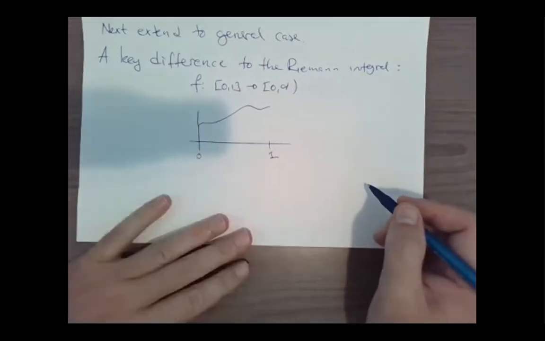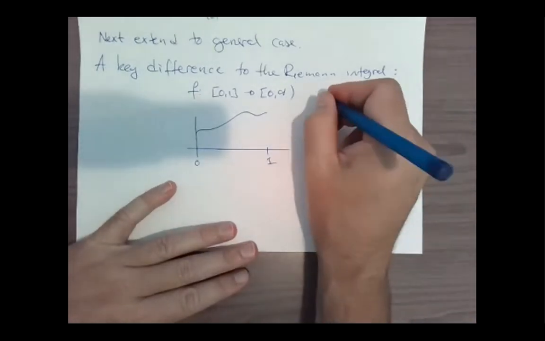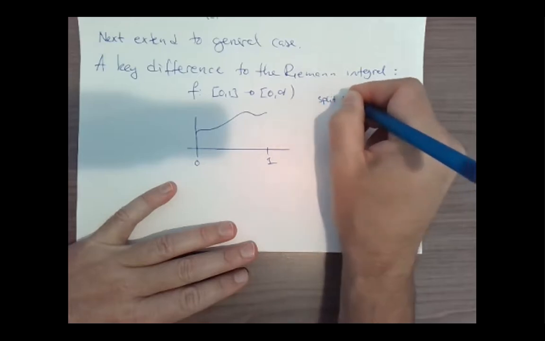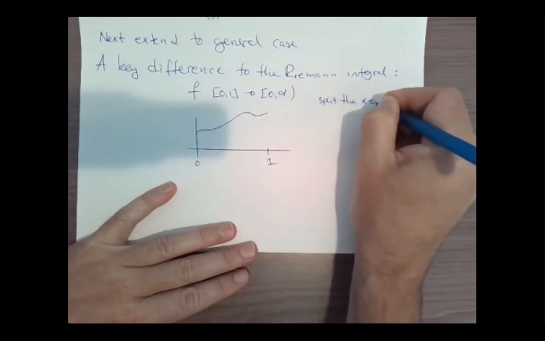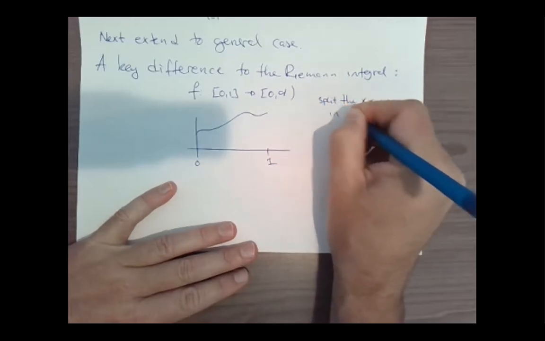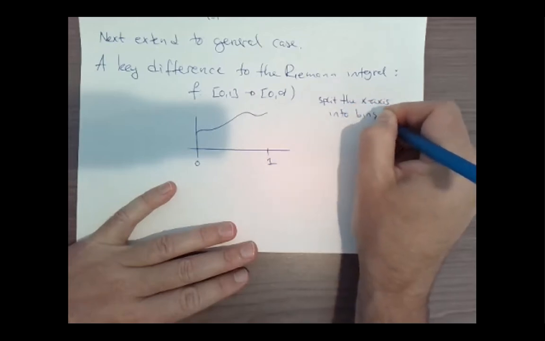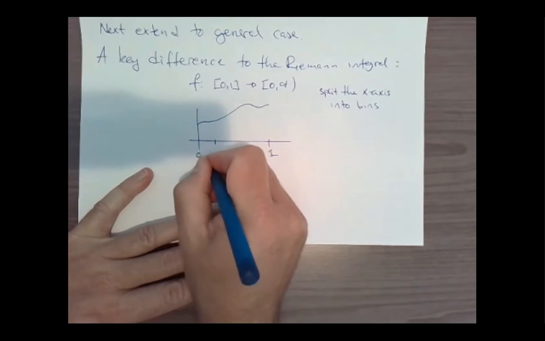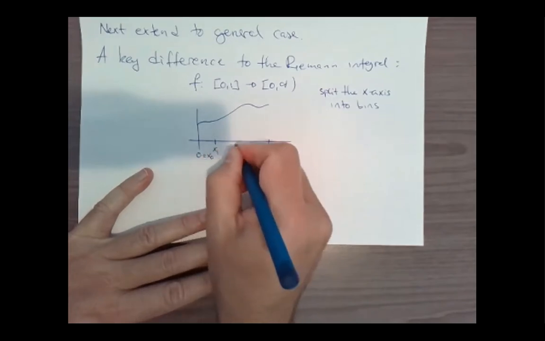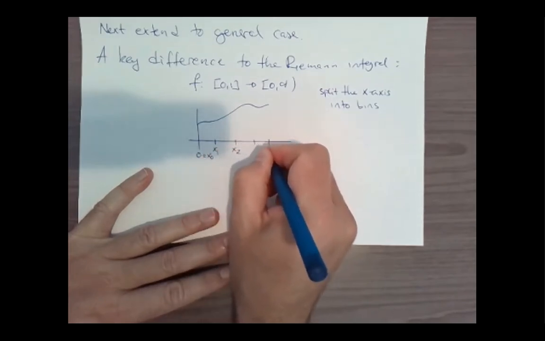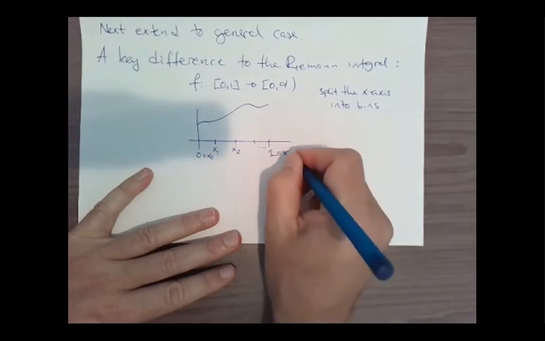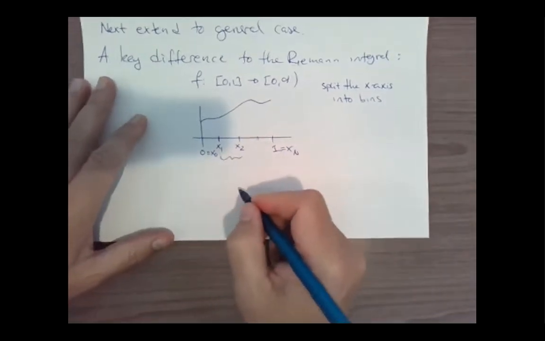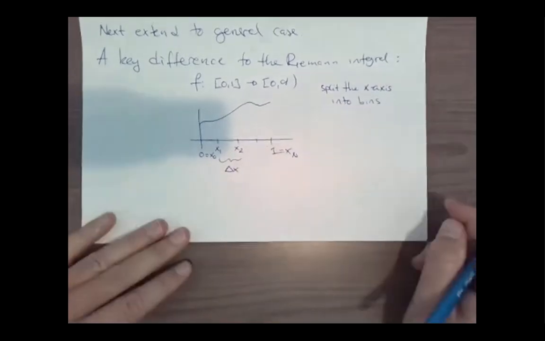The way that we do a Riemann integral is you discretize, or you split the x-axis into bins. So here this will be x0, this will be x1, x2, and so on, up to say xn, and inside here you have some step of delta x.